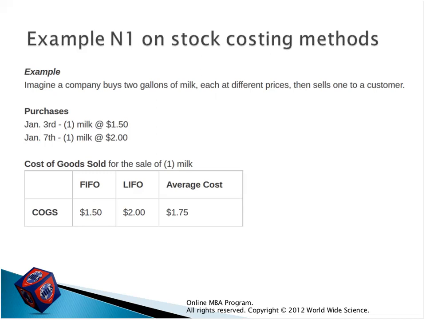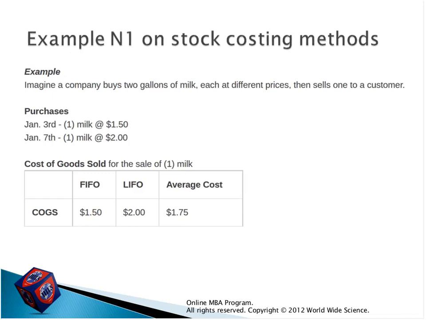So here is an example. Example 1 is very simple to show you when we use the three different kinds of methods, what the results would be. So imagine a company buys 2 gallons of milk, each at different prices, then sells one to a customer.